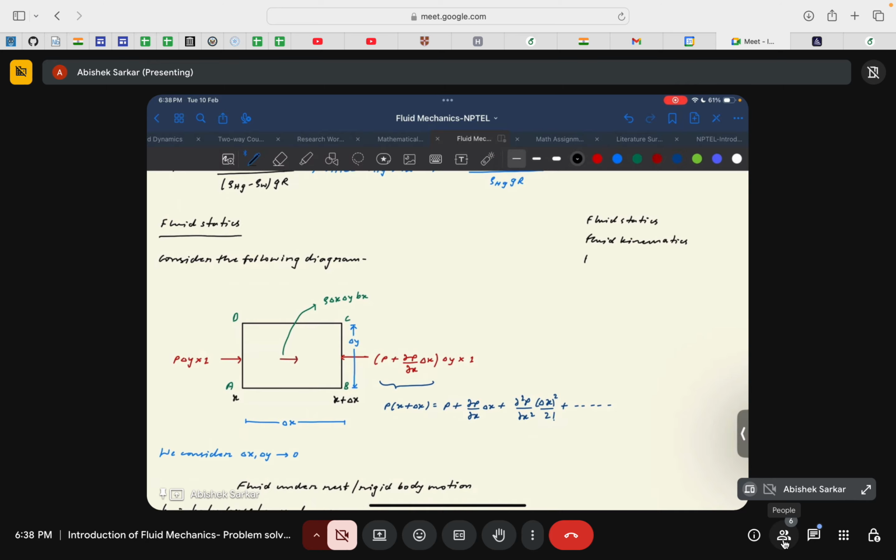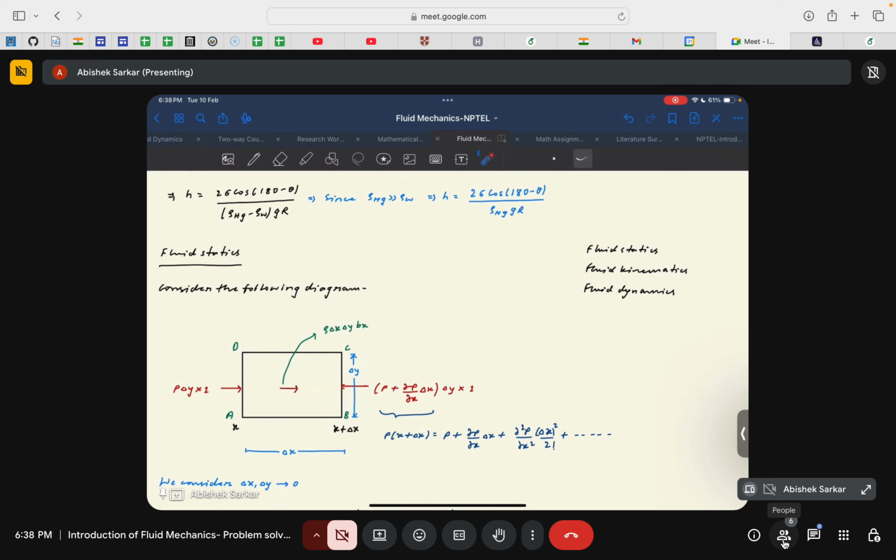We will discuss all three, and till now, if you remember, we have just been whirling around the fluid statics part. We have formally introduced that we are starting to discuss fluid statics, but before also, if at all we have taken any examples, we have taken scenarios where the fluid is essentially static, that is, having no motion, or is undergoing rigid body motion.